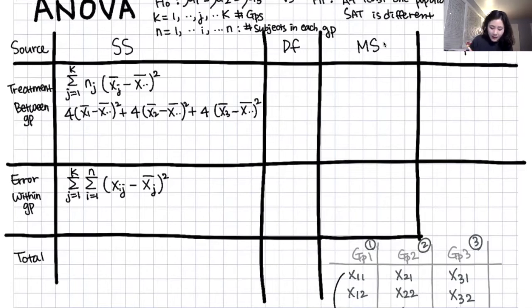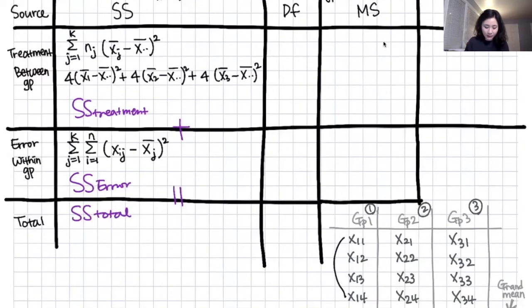Since the sum of squares treatment plus the sum of squares error is equal to the sum of squares total, I will show you how to calculate the sum of squares total, and then I will do some algebra to calculate the sum of squares error.